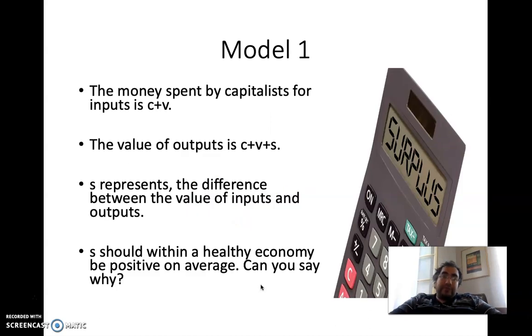So, when the capitalists buy inputs of production, they spend money. If exchange value and prices are equal, which won't be the case, but roughly, they will spend money equal to C plus V.